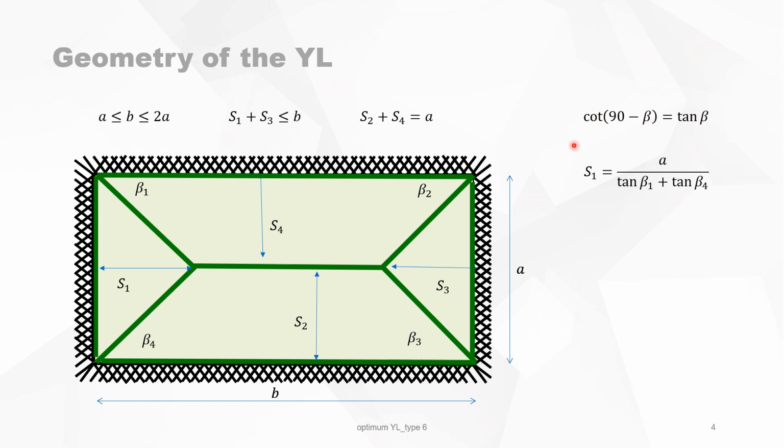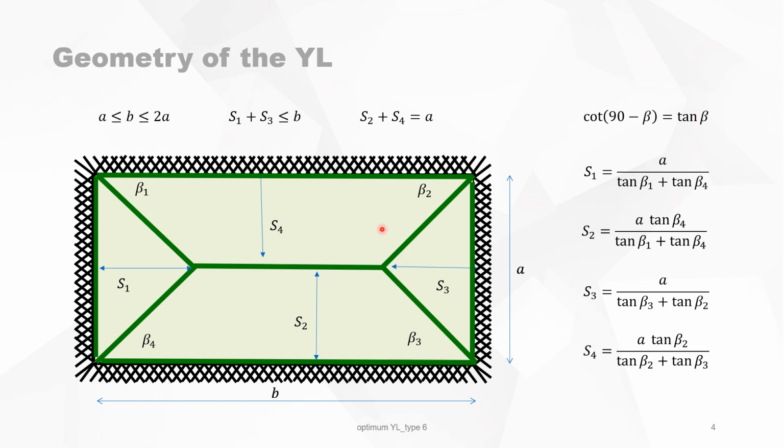Knowing that the cotangent of 90 degrees minus beta is equal to the tangent of beta, we obtain that S1 is equal to A divided by the tangent of beta 1 plus the tangent of beta 4. Of course, S2 is equal to S1 times the tangent of beta 4. So that gives you this formula. We do now the same for S3 and for S4.